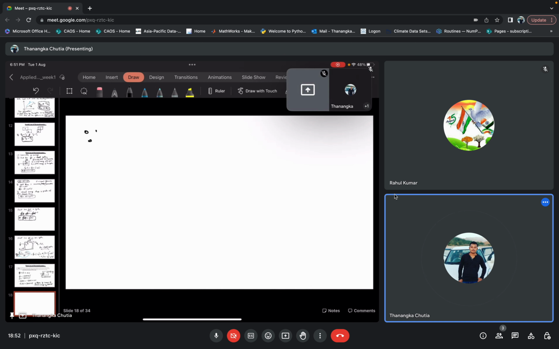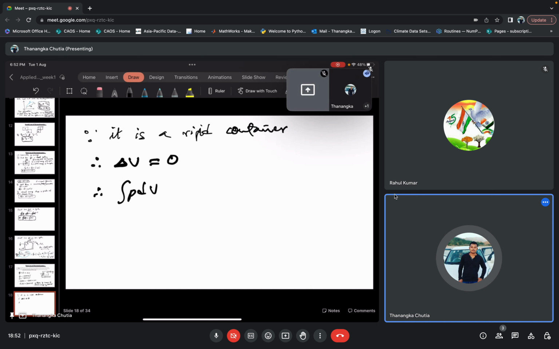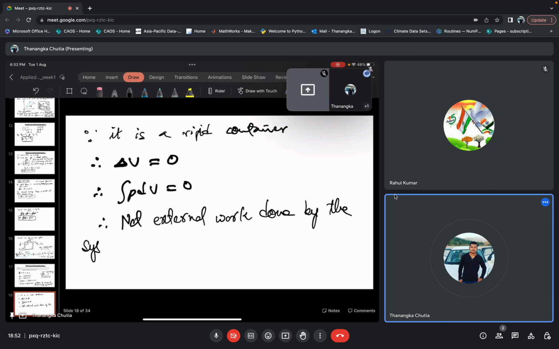Since it is a rigid container, delta V equals 0, therefore the integral of P dV is also 0, therefore the net external work done by the system is equal to 0. Fine.